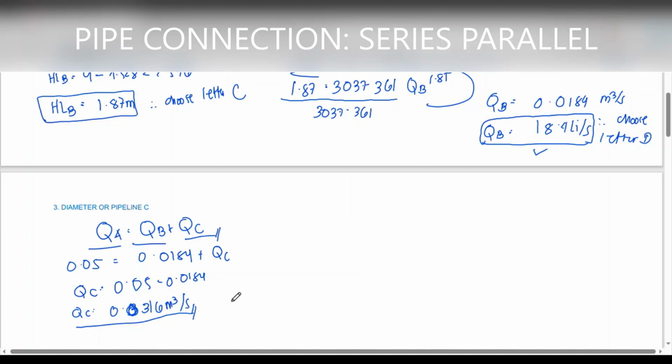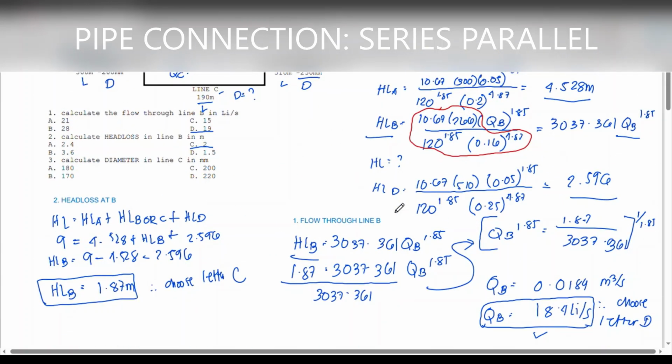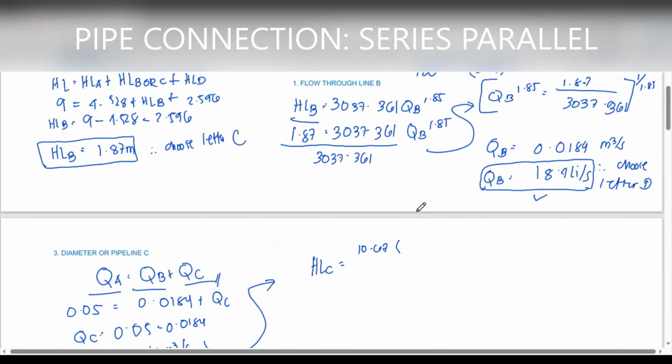Now, for us to determine the diameter of pipeline C, we have to use the equation for head loss for the Hazen-Williams formula. So, head loss at C is equal to 10.67 times the length of C. Pipeline C is 190. So 190.